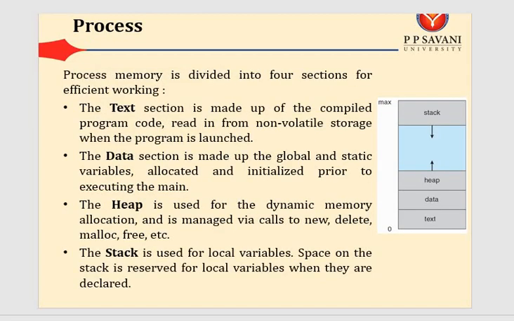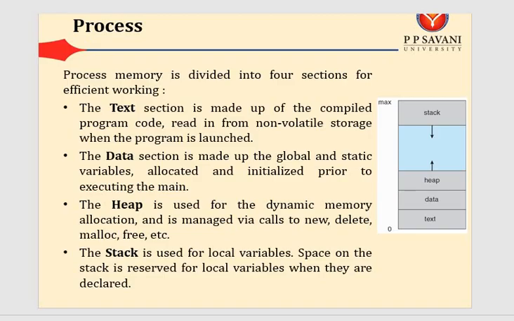For a more detailed view of a process, we can divide the process memory. We know that every process requires memory to load and execute. So the process memory is divided into 4 sections for efficient working of a process.